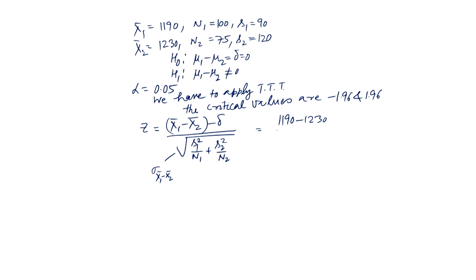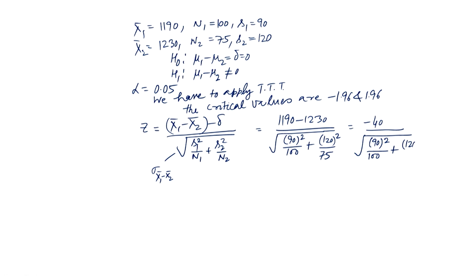Delta is equal to 0, divided by square root S1 square, S1 square is 90 square divided by N1 is equal to 100 plus S2 square, 120 square divided by N2, that is 75. Now, let us find these values here. So, 1190 minus 1230 is minus 40 divided by square root 90 square divided by 100 plus 120 square divided by 75.